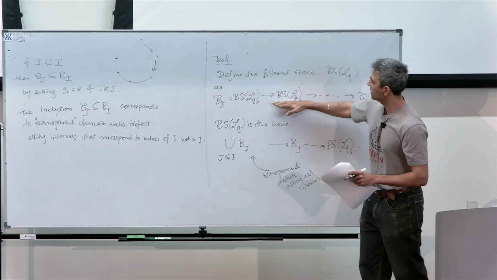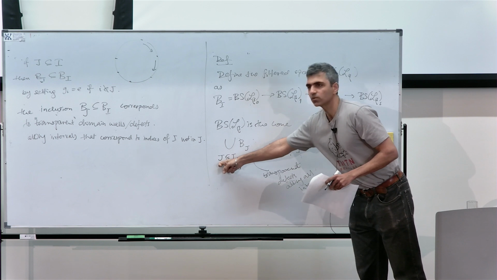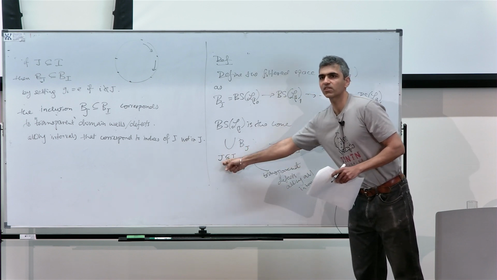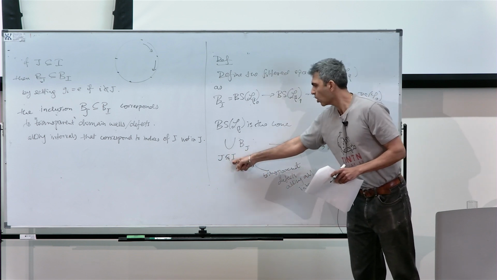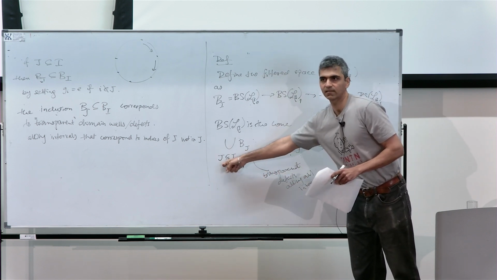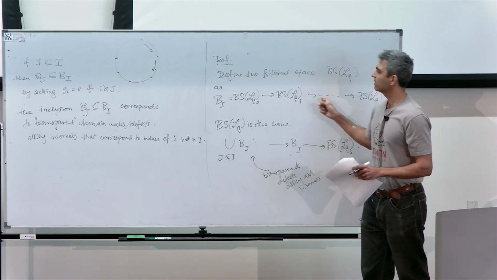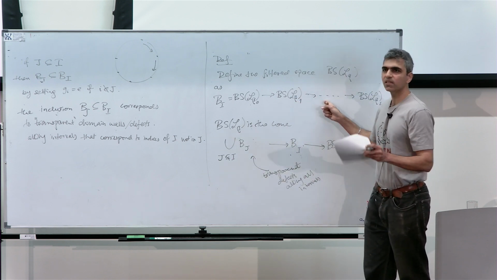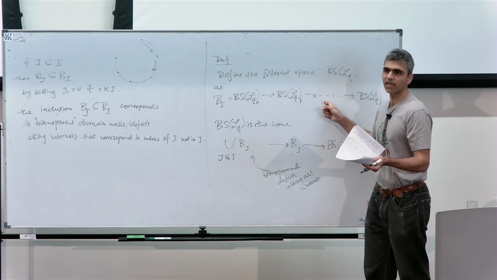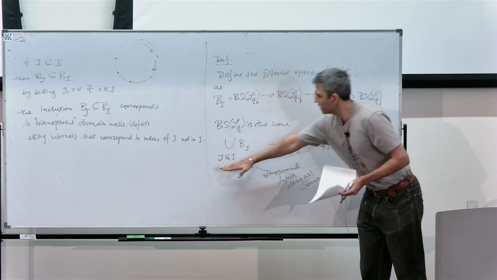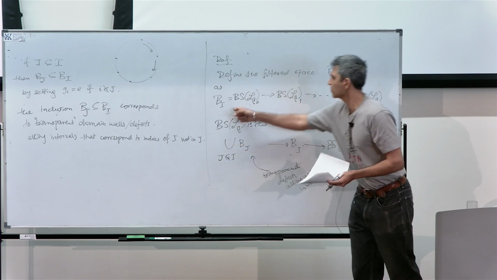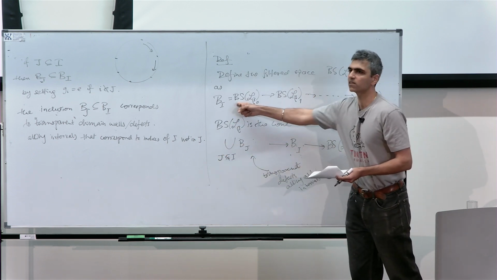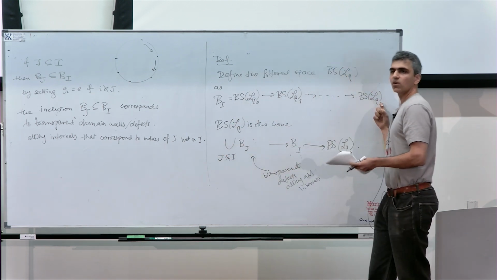So this would be, you're taking J has only one index where it's transparent, okay? Does that make sense? So J is all of I save one index. In the next step, you would take J to be everything save 2 elements in I, and so on and so forth. So it's just the cardinality of J that keeps increasing as you move from here. There is no J here. You've killed no transparent defects. And here you've killed all transparent defects.